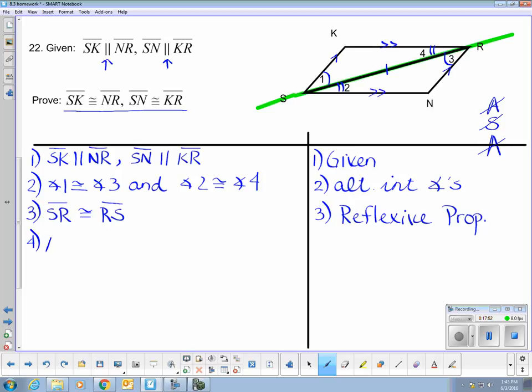So we can now conclude that triangle SKR is congruent to triangle RNS. And that would be by angle side angle.